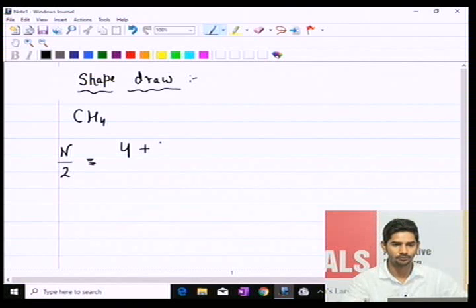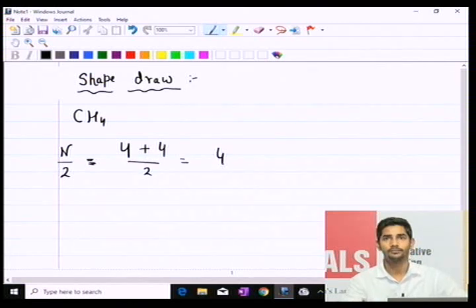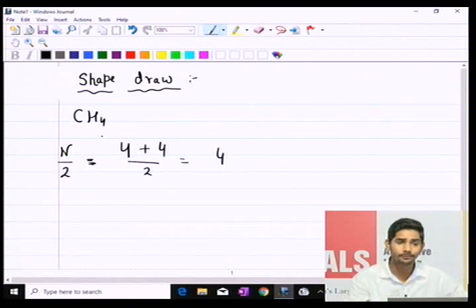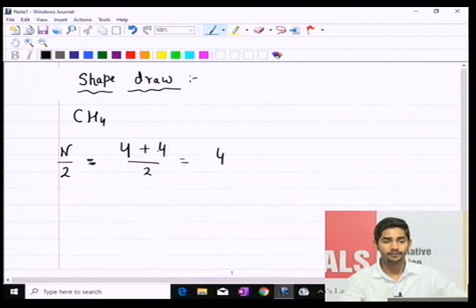Yes, definitely 4. Divided by 2, you will get 4. I have used the number of valence electrons of the central atom, and after that I have added the number of other atoms present there. After that we get a number which is 4.